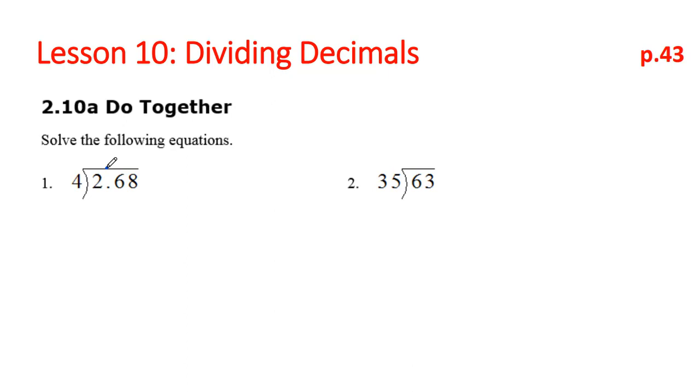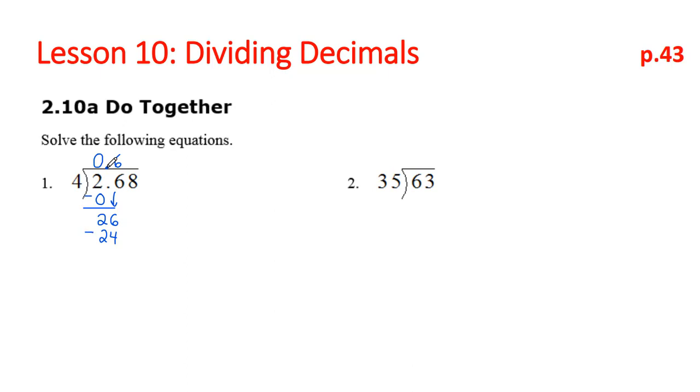4 does not go into 2, it goes in 0 times. So because I'm placing a 0 there to hold the 1's place, I can either move on to make 26, or I can multiply it. 0 times 4 is 0, subtract, get 2, and then bring down the 6 so that I can continue to divide. 4 goes into 26 6 times. 6 times 4 is 24.